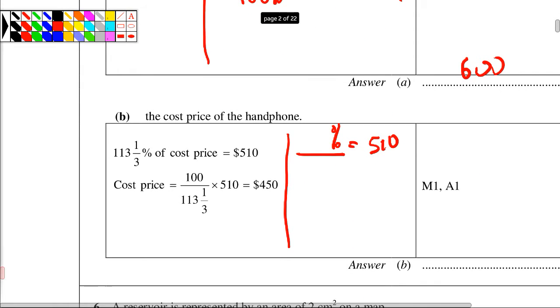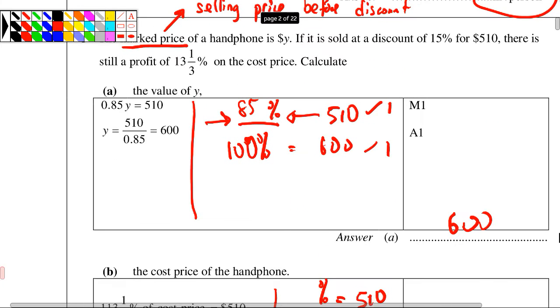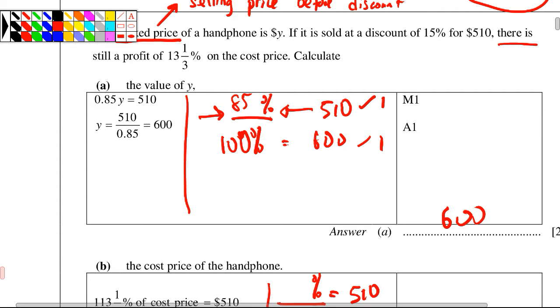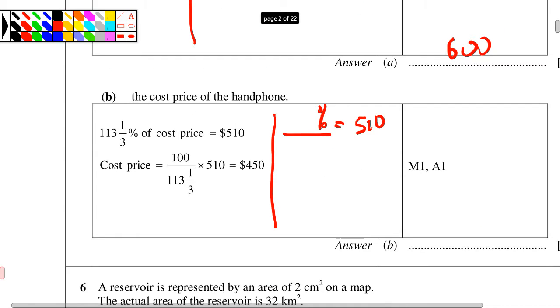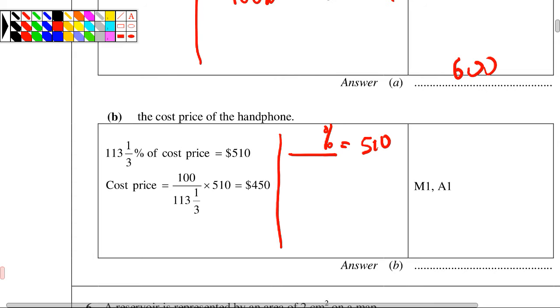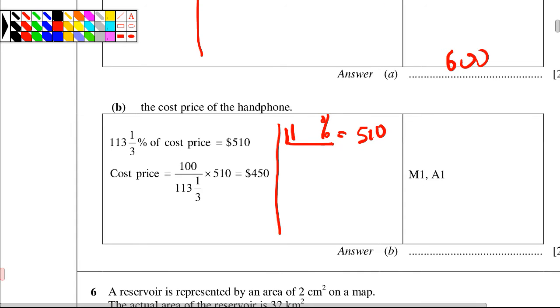Okay, I want to find cost price. Now the keyword here is this. I still have 13.3% of the cost price. I still earn. So this 510, I still earn 13%. So is this 180 plus or 100 plus? 100 plus. This is 113 and 1/3%.